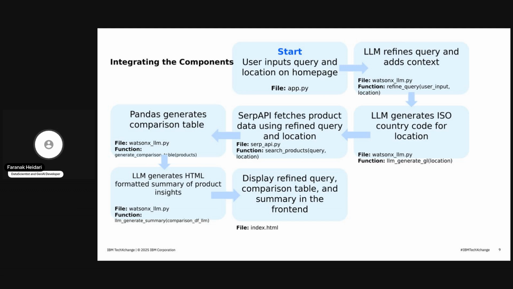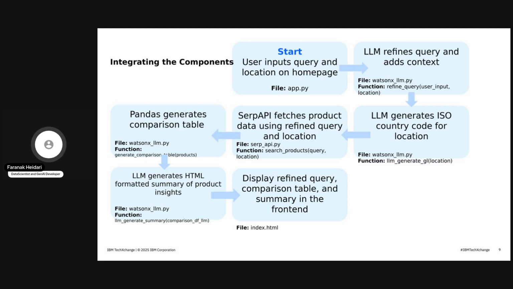But to just quickly review what we did, the user inputs the query, the LLM refines the query and adds some context to it. Then the LLM generates the country location code, the two-character code, to correctly connect the SERP API to the correct database.